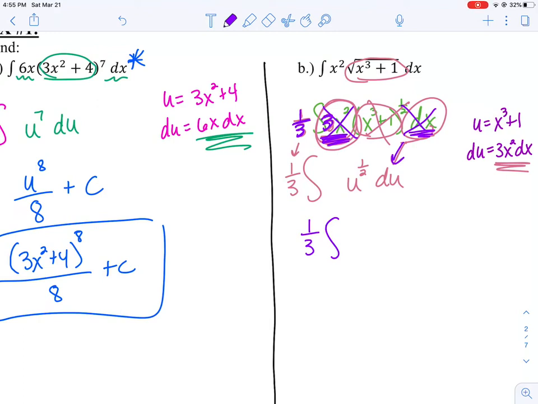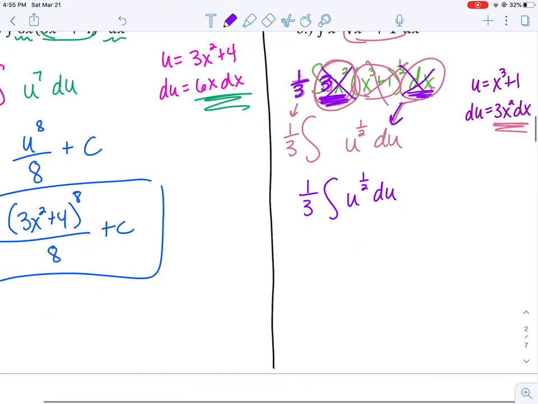So now I have a new problem that says 1/3 times the indefinite integral of u to the 1/2 du. It's a much more simplified problem. I have all the pieces that I need, especially because I balanced out my 3 that I put in there with the 1/3. And now I can use my power rule to find the antiderivative. I'm going to add 1 to the exponent, so adding 1 would give me a 3/2.